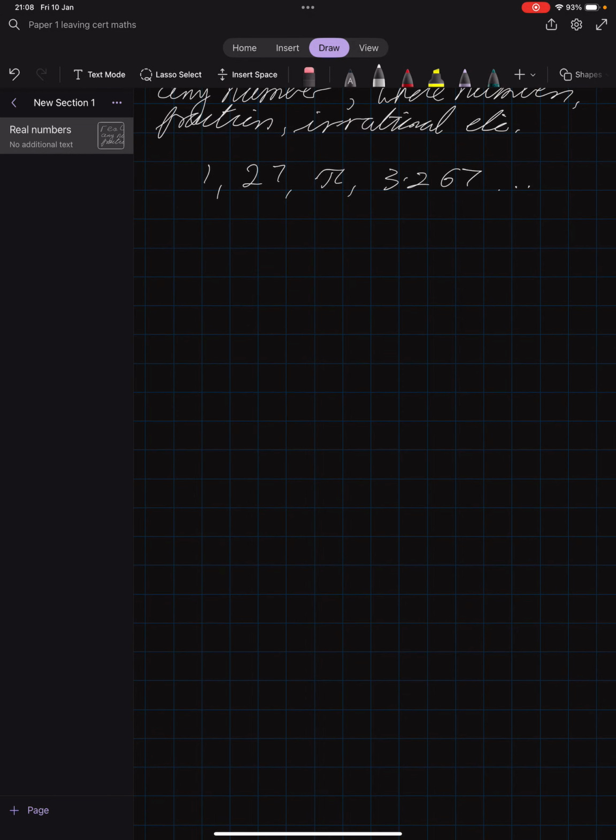Now on to natural numbers. These are also just definitions, so you just need to know these. Hopefully you won't need to learn them off. Because you've seen them so often, you'll just remember them. But these are things you will need to know going in. So natural numbers, you can just think of it as, if I asked you to start counting, what would you do?